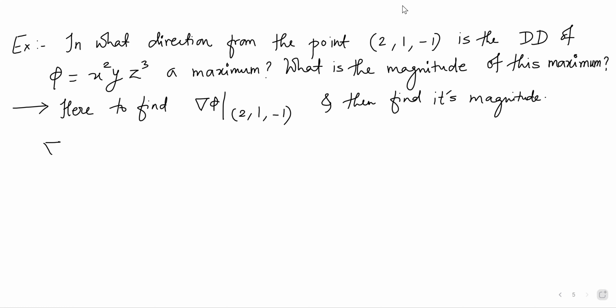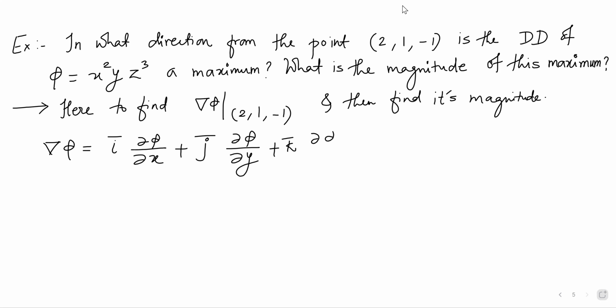First of all, we'll calculate del phi. It is i bar times dabba phi by dabba x plus j bar times dabba phi by dabba y plus k bar times dabba phi by dabba z.